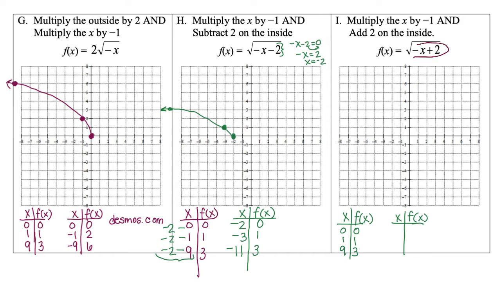So we're going to take all of this as usual, negative x plus 2, set that equal to 0. We have negative x equals negative 2, so x is 2. So that tells me that I'm going to change the x values by positive 2.